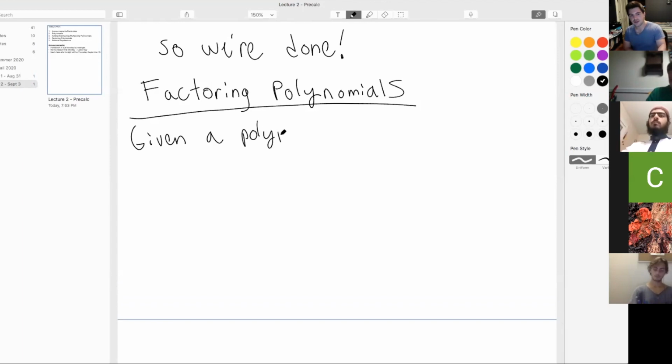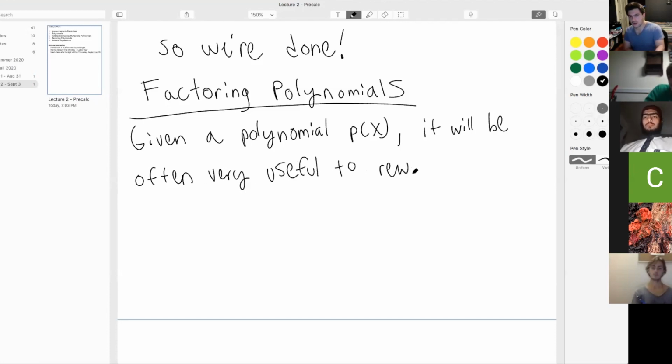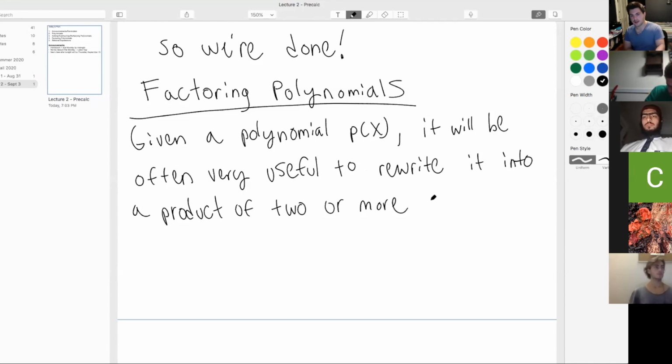Given a polynomial, call it p of x, it will be often very useful to rewrite it into a product of two or more polynomials.